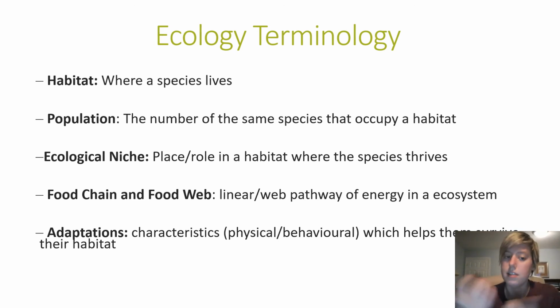Habitat, where a species lives, population, the number of the same species that occupies that habitat, ecological niche, the place and role in a habitat where a species thrives. Our food chains is the pathway of energy in our ecosystem, and then adaptations are basically characteristics that helps organisms survive their habitat. I hope this helps, and I hope you have a great day.